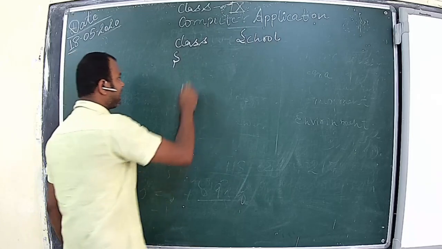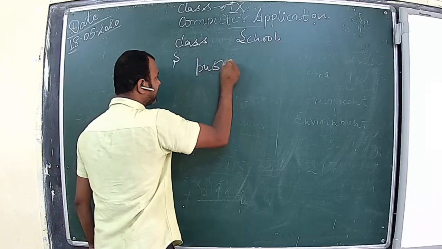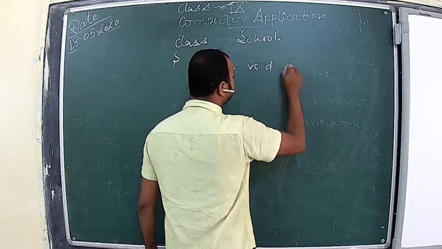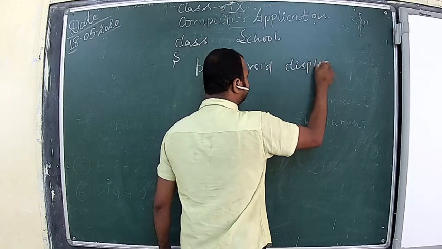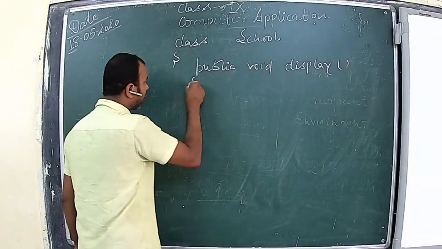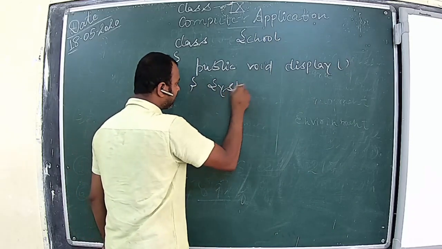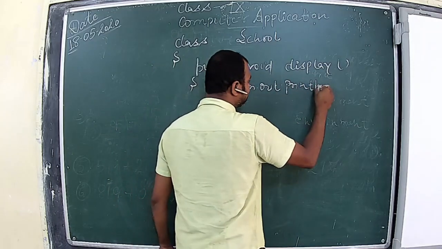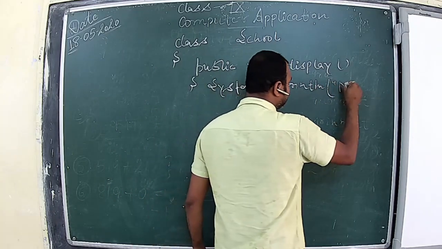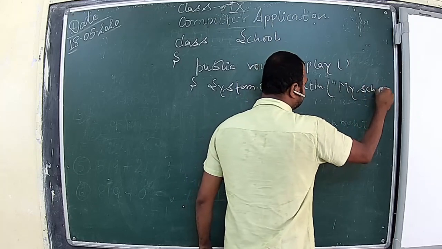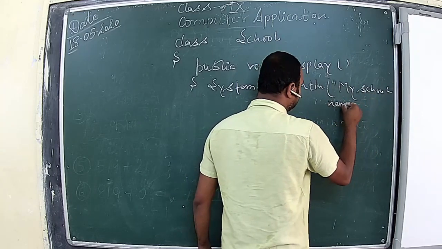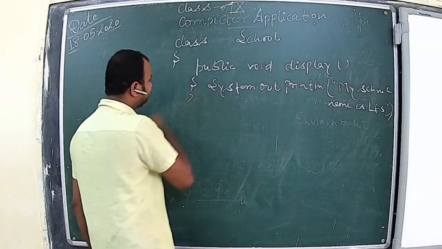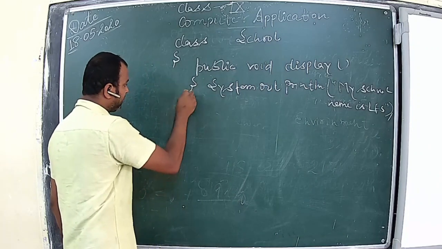Then I need to have a method: public void display, and we are printing System.out.println("School name is UNF"). Method is closed, and then class is closed.